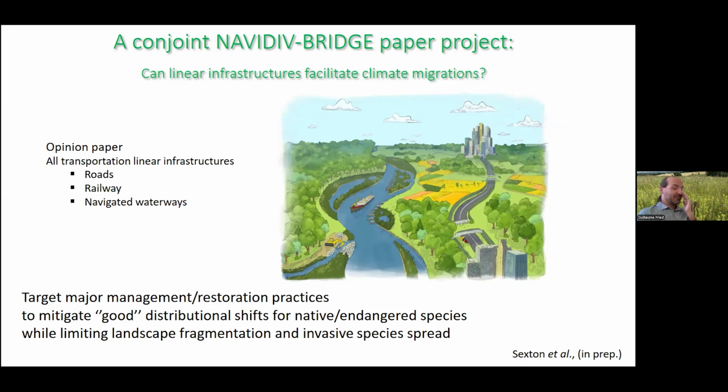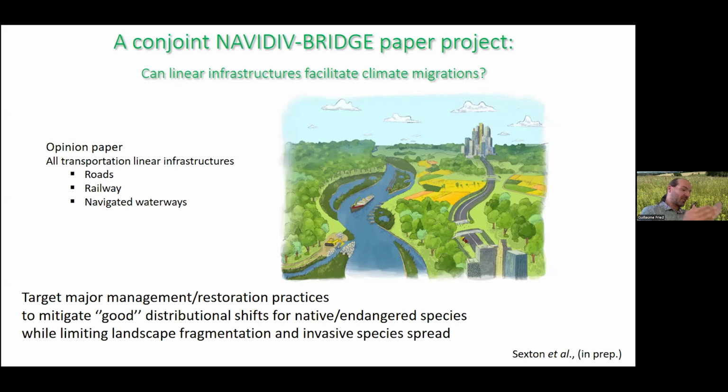So our idea was that these linear infrastructures are common and will keep growing in the coming decades. So it's important to better understand how to reduce their negative environmental effects and find places where they might help.